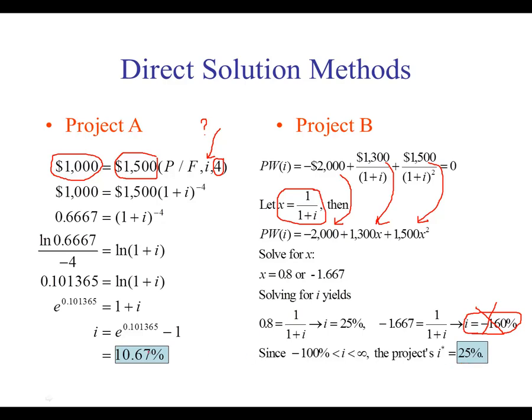So we can either use the logarithmic approach or the quadratic approach, and those are two different approaches that can be used in the mathematical solution to find the rate of return.